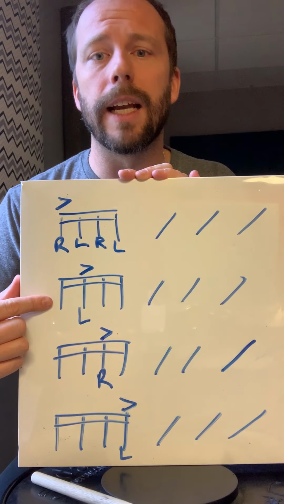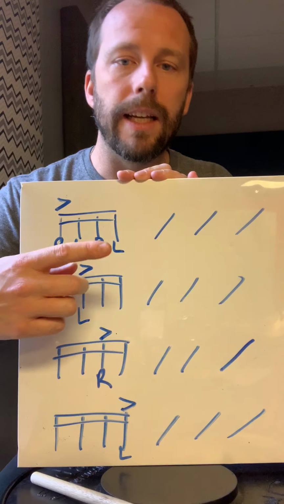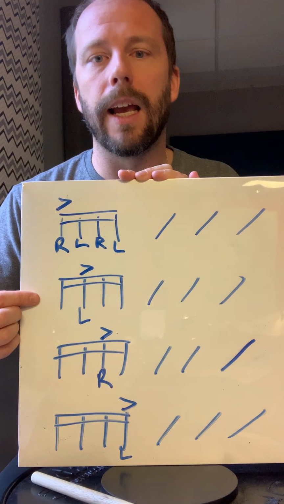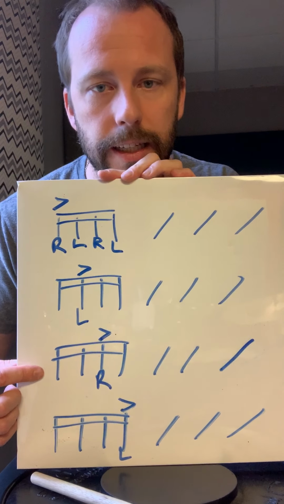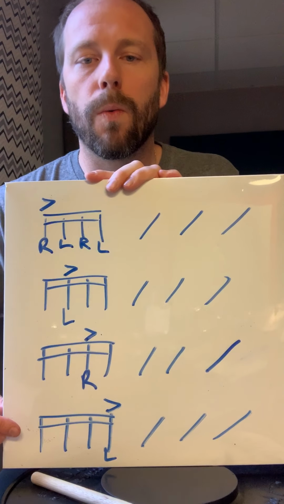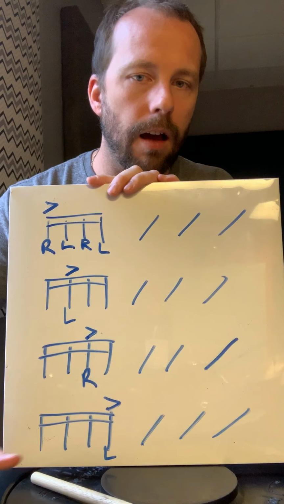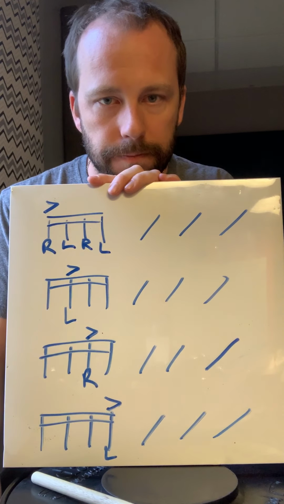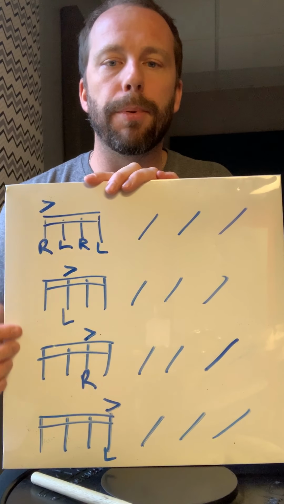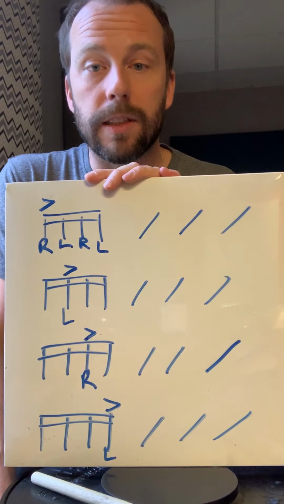And the second line reads like this. 1 E and 2 E and 3 E and 4 E. And the third line reads like this. 1 E and 2 E and 3 E and 4 E. And the last line, 1 E and 2 E and 3 E and 4 E. Okay, so the goal is to be able to play all 4 of these back to back without stopping.